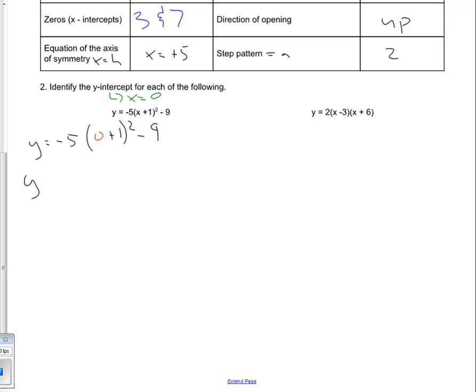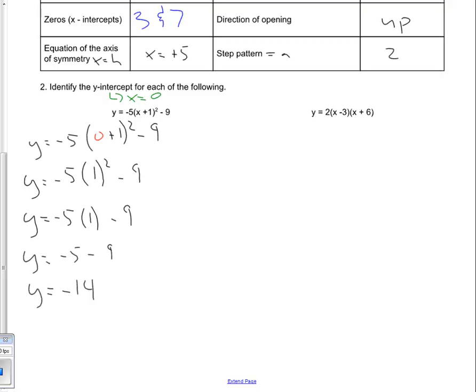Okay, well, if I do my brackets, that leaves me with 1 squared minus 9. y is going to be -5 times 1, because 1 squared is just 1. -5 times 1 is going to equal -5 minus 9. -5 minus 9 is going to give me -14. So the y-intercept is when y is equal to -14.